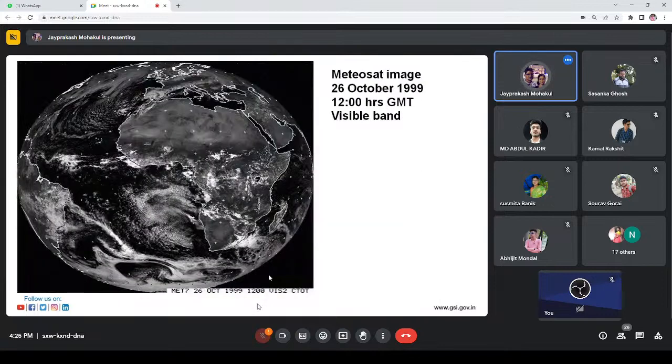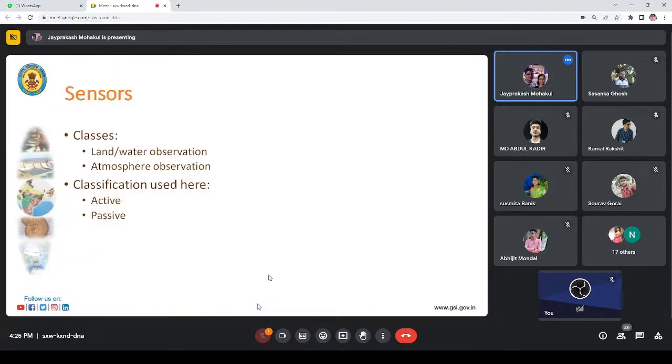So this is a meteorological satellite, Meteosat, which can see half of the globe, right? Now, coming to sensors, sensors are designed in such a manner that it depends on what kind of studies you are going to do.